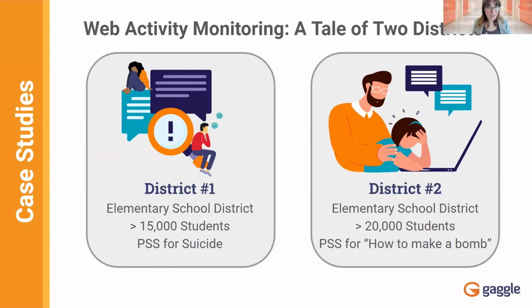This was an interesting one because after looking at the context, what the superintendent decided to do was to talk to the student and to also give a tier 3 intervention to all of the students in the grade and talk to them about how to use their school devices appropriately and why looking up information like how to make a bomb isn't an appropriate use of their materials. And so two completely different situations, two completely different responses, and ways that these two districts read this information, but invaluable nonetheless.